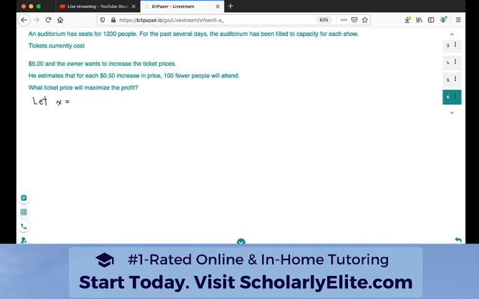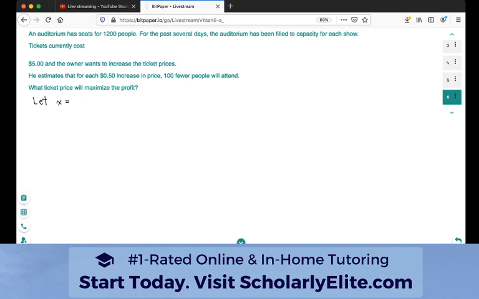When I'm reading this question, I need to go through and say what is going to change. Two different things are going to change: when you increase the price, fewer people will attend. But they're saying for each 50-cent increase, which, like slopes in grade 9, tells us that each time something goes up by 50 cents, something else is going to decrease.